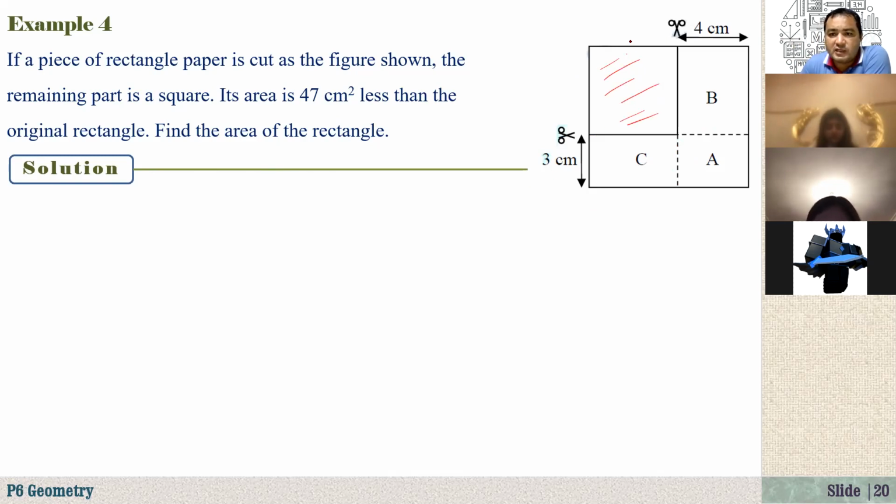Square means all sides are equal. This side equals this side, equals this side, and equals this side. And the length of this part is 3 centimeters. And again, suppose one side of the square is 8 centimeters.